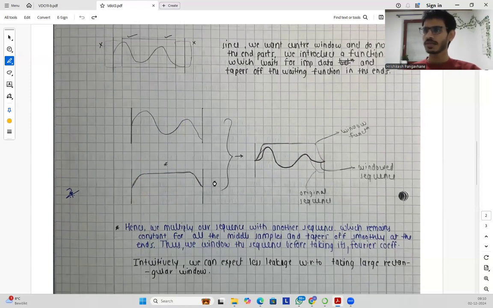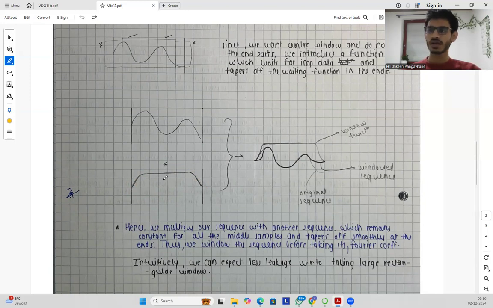Hence, we multiply our sequence with another sequence which remains constant for all the middle samples and tapers off smoothly at the ends.